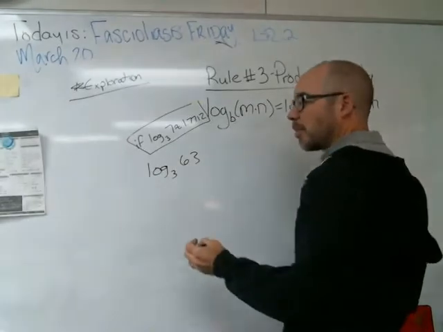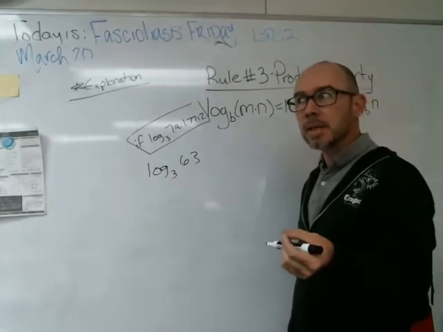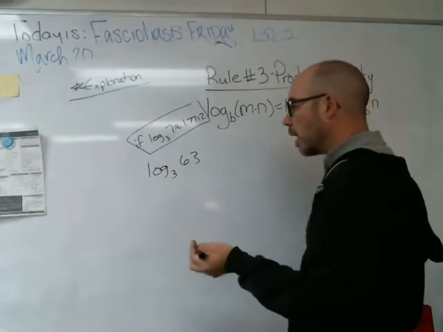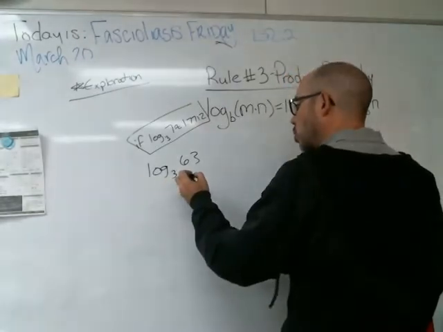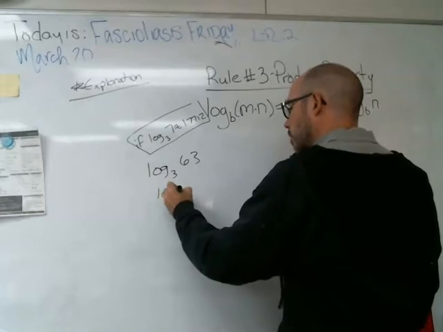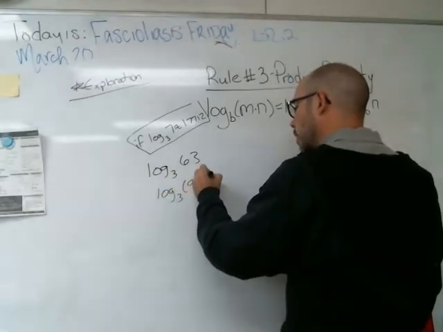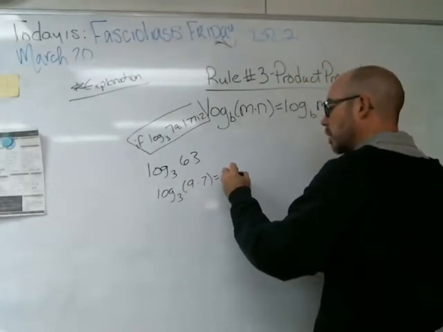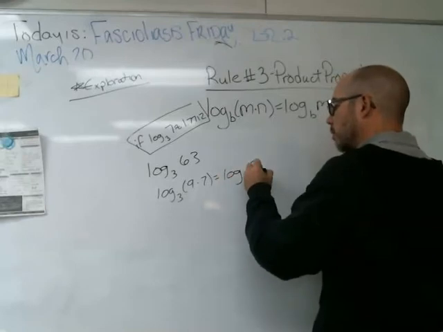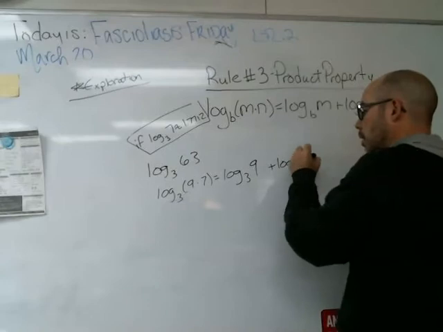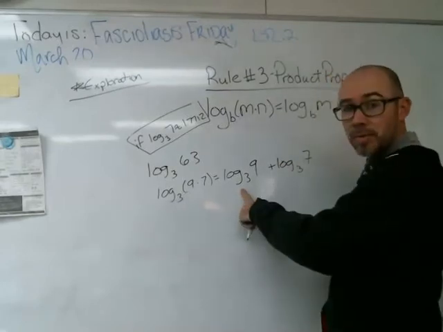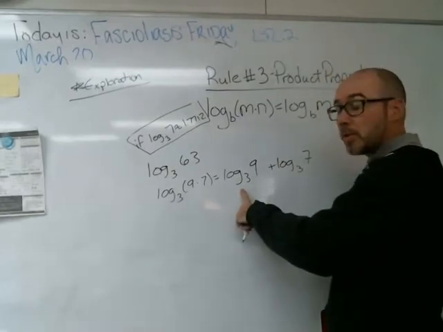Now I can see that 63 is 9 times 7, and 9 is very 3-ish. So I could rewrite this as log base 3 of 9 times 7, which the rule says I can break up into log base 3 of 9 plus log base 3 of 7. Log base 3 of 9: 3 to the what power equals 9?